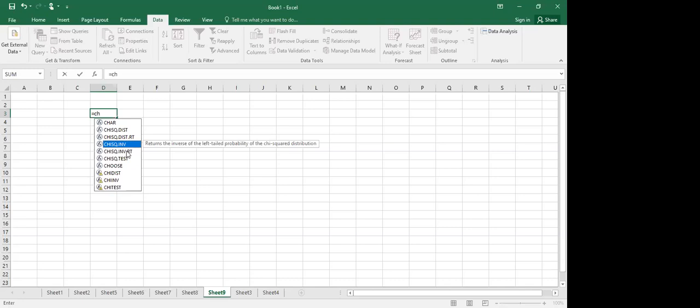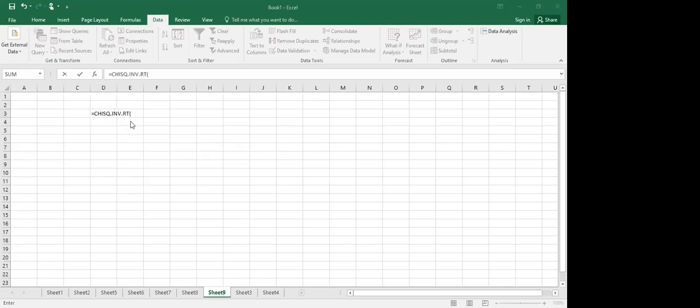But when you have the area, which is the probability, and you want the value, then you choose inverse, and because it was right, you choose right. So this is how you know what to do. You will write the area, which is the probability, 0.05, and the degree of freedom, 10.